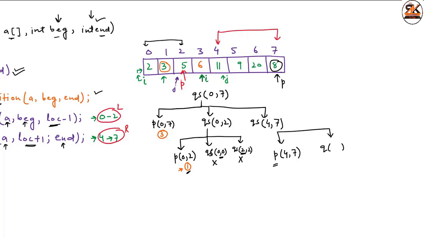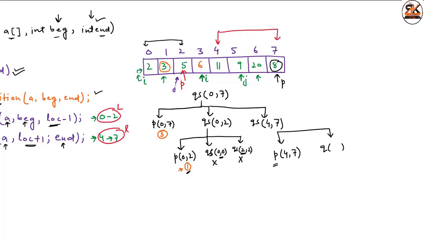Okay, and what we do is we go on comparing the element pointed by j with the pivot element. Here the element pointed by j is 11. 11 is greater than 8. We do nothing, we simply increment j. So j is pointing to this, and j is no more pointing to the previous value. Then we again compare the contents of j and the pivot element. Here we see 9 is greater than 8. We do nothing and we simply increment j.